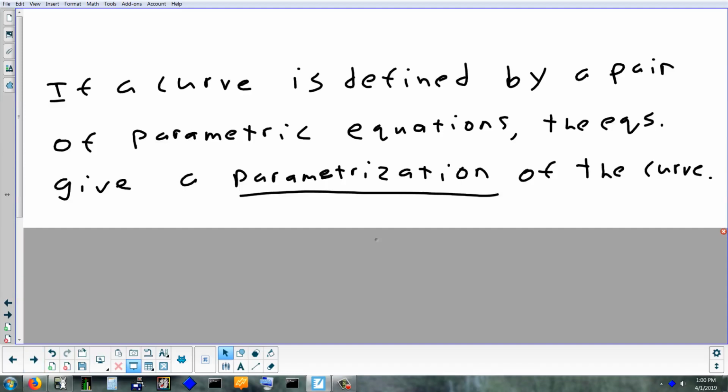So if you've got a pair of parametric equations, those give what we call a parametrization of the curve. Okay, if you wanted to kind of spell it out simple, they give you a way to write the curve parametrically. Because parametrization can be a hard word to say.